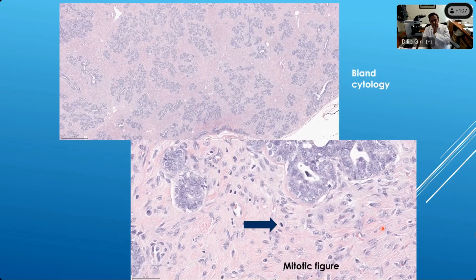Given the summation of the picture, the clinical young age, circumscribed lesion on imaging, oval, parallel to the horizontal axis, bland cytology, and all features pointing to fibroadenoma, you would arrive at a diagnosis of juvenile fibroadenoma.